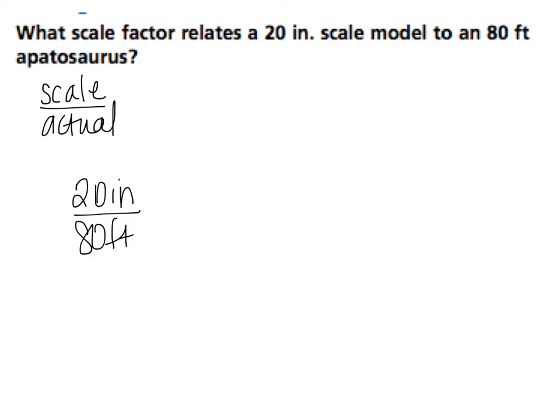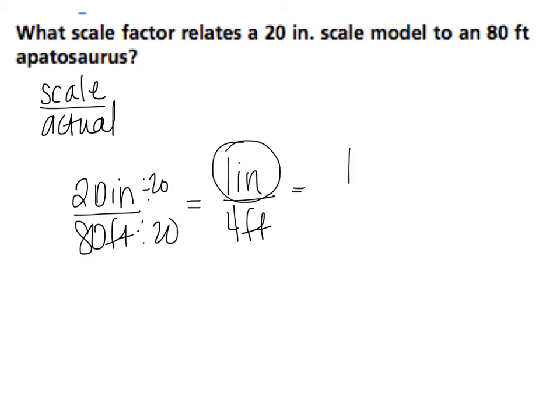And we want to just simplify that first. So we can divide the top and bottom by 20 to get that ratio in simplest form. So we know 1 inch equals 4 feet. And we always want to keep our units the same. And since we already have that 1 right here, we're going to keep 1 inch.